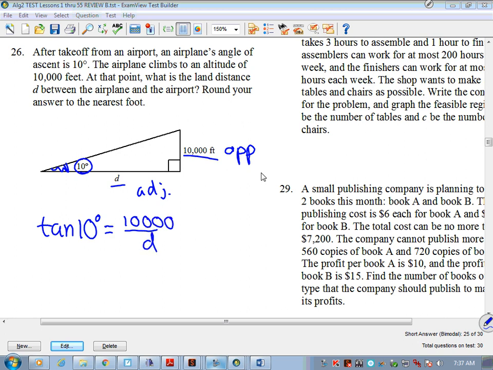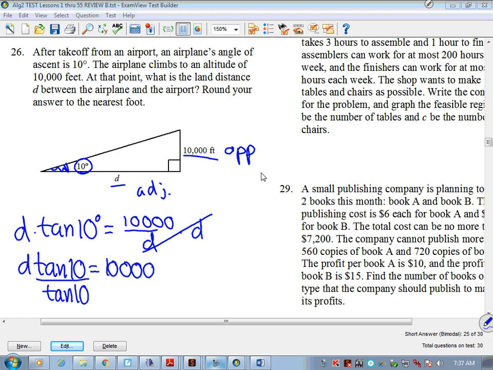Now this one does require an extra step because the variable I'm looking for is in the denominator position. So I'm going to multiply by D over D. That's going to cancel these D's out on this side. So I'm going to get D tangent 10 equals 10,000. Because I want to solve for D, I'm going to divide by tangent 10 on both sides.